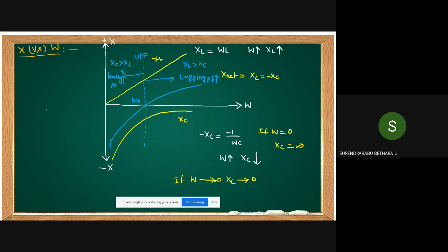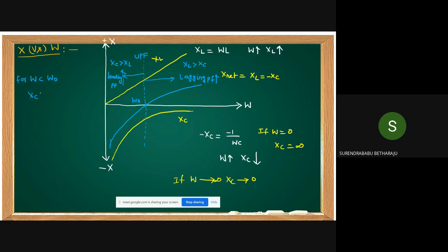That means for omega less than omega naught, what is the Z? R minus, which is more dominant? Capacitive is more dominant.